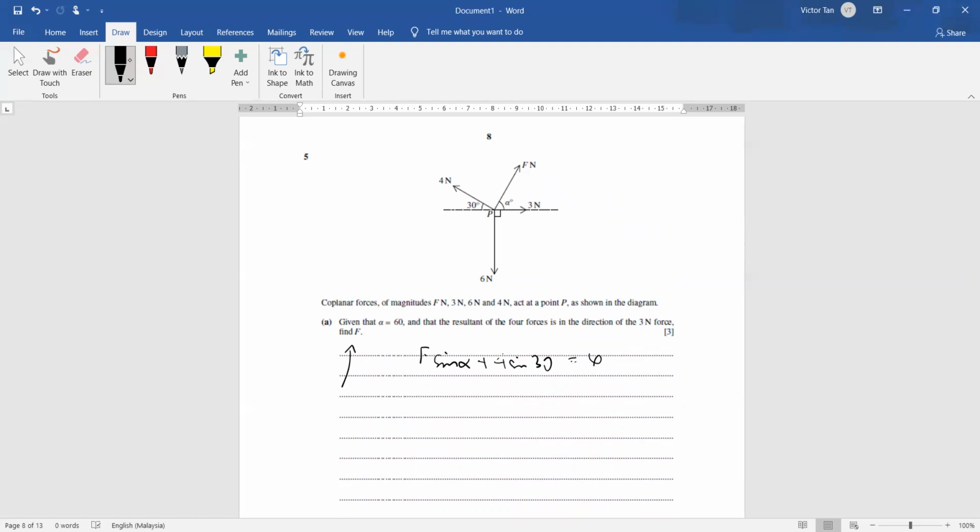So F sine 60 plus 4 times half equals 6. F equals 6 minus 2 over sine 60. Sine 60 is root 3 over 2. So 8 over root 3. So it's 8 root 3 over 3 newtons. Okay.